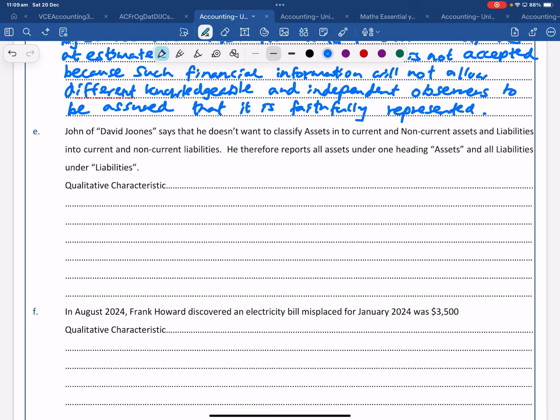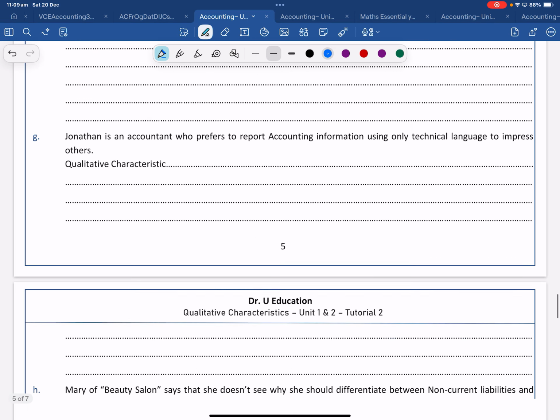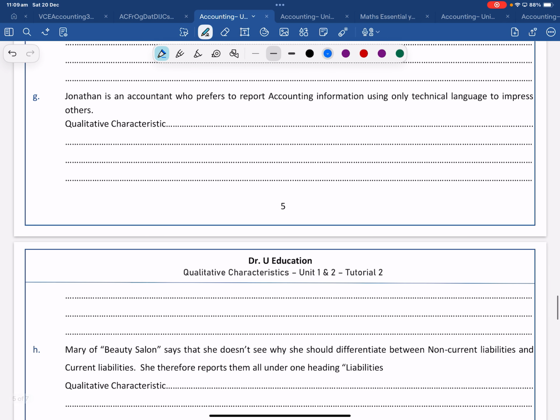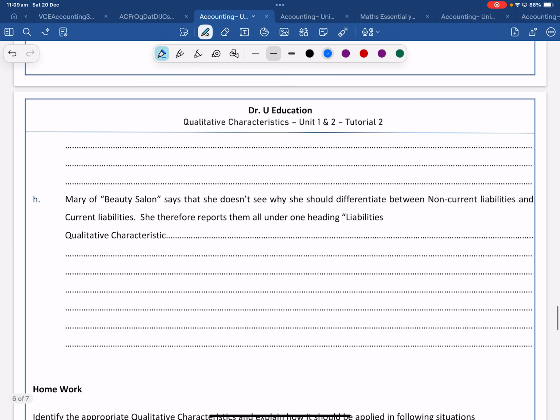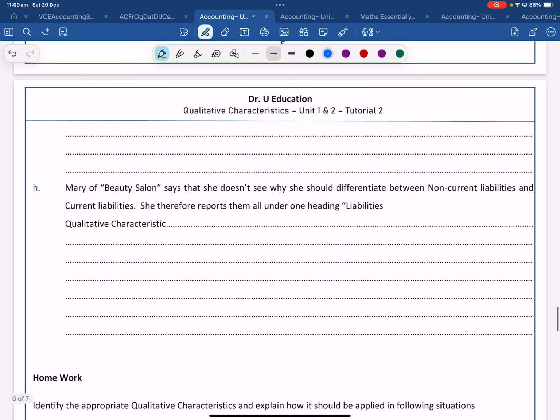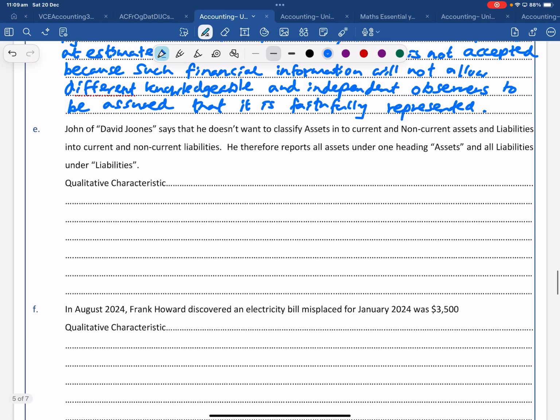Both of you are correct, guys. This is understandability. Is there another one for understandability? Yes. Okay, I'll give you this one, understandability.